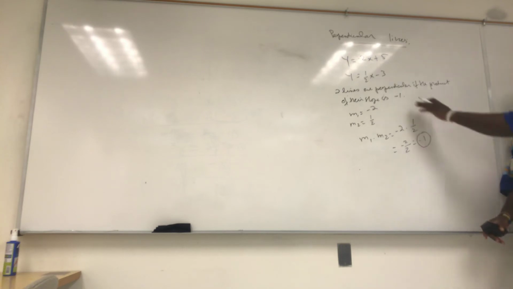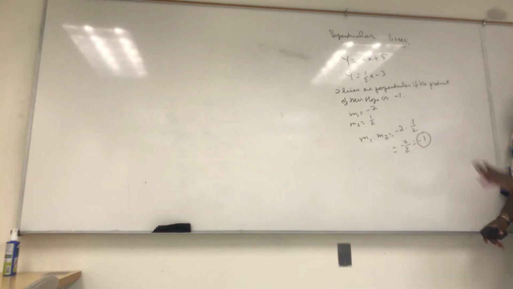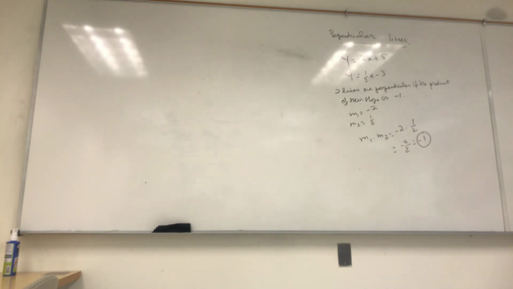Okay, so that's the only rule you need to know about perpendicular and parallel lines. If the slopes are the same, they are parallel lines. If the product of the slopes is -1, they are perpendicular. Okay. Now we're going to jump into some of the problems, and we're going to touch on the example 7 that you were mentioning.